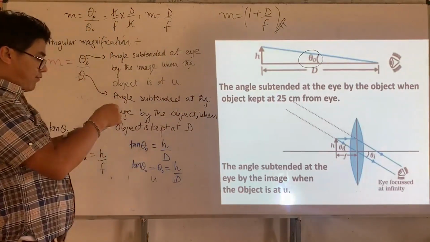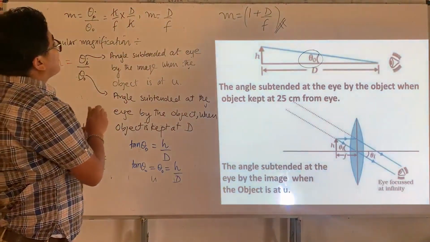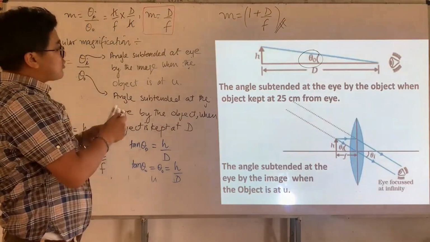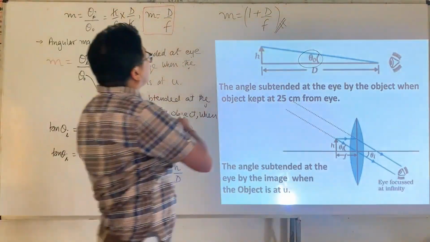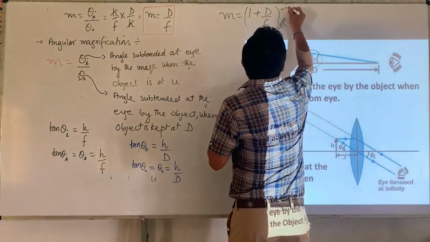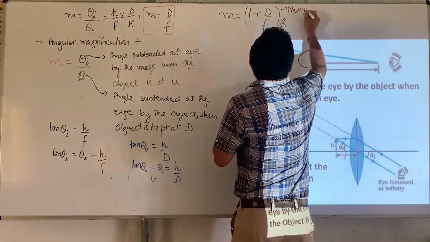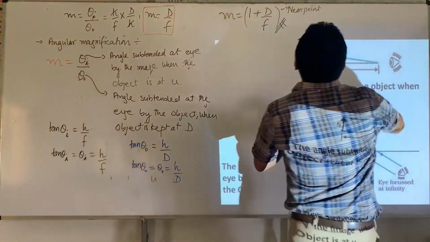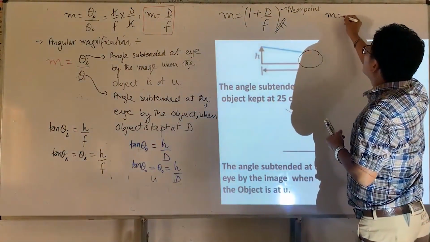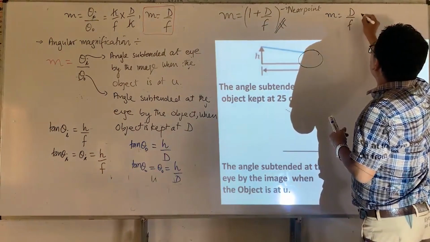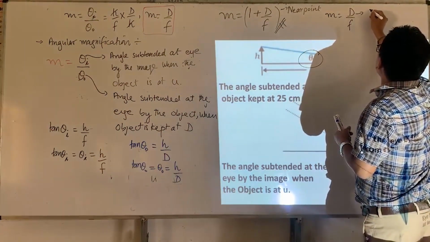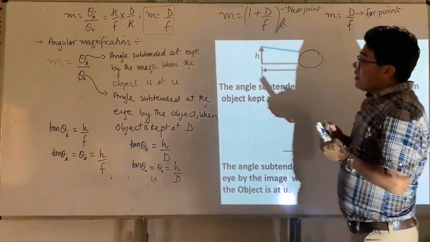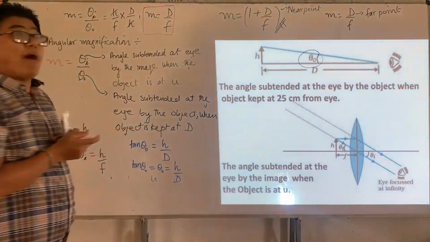So this is the magnification. Now I would like to write here, this is the magnification for the near point, and this is m is equal to d by f, the magnification for the far point. This is for a simple microscope.